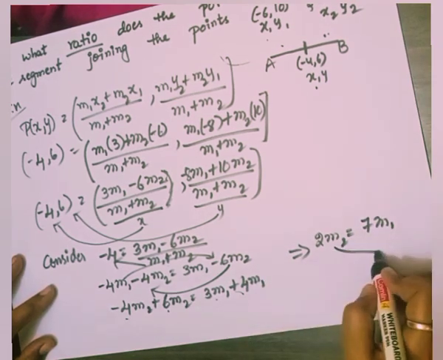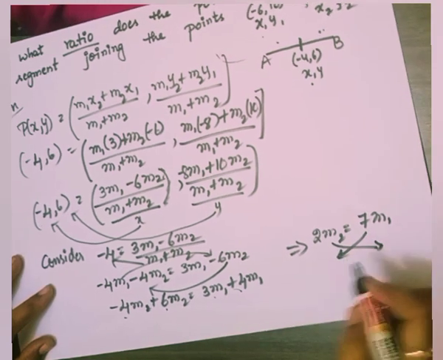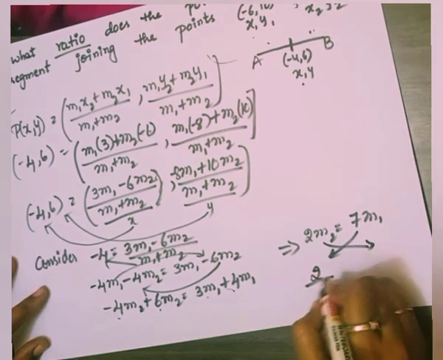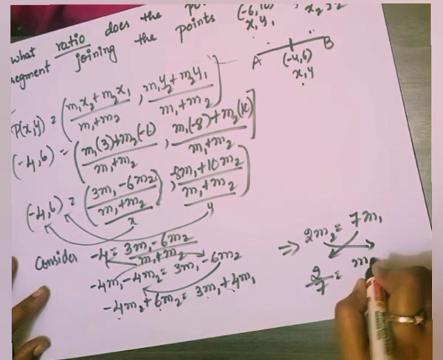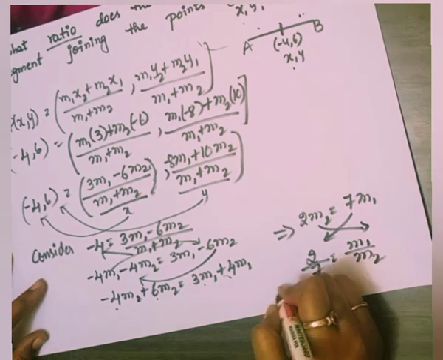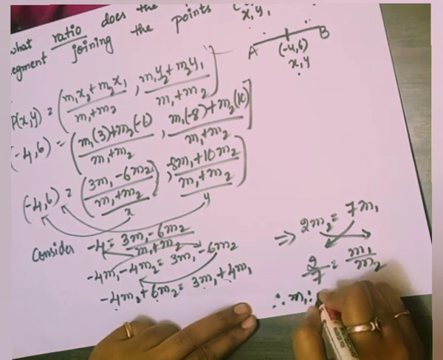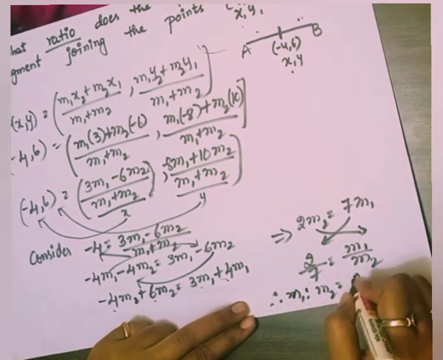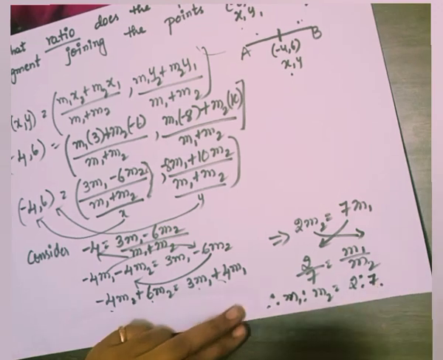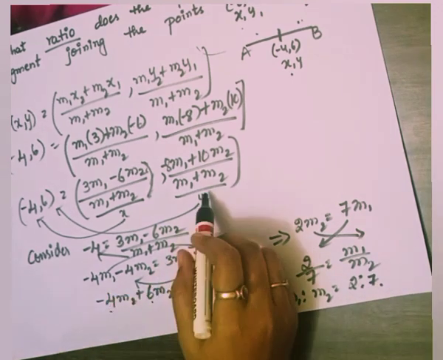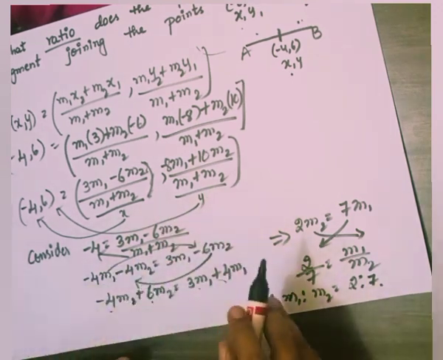Now I'll take this one m2 this side, I'll send 7 this side, I'll get 2 by 7 is equals to m1 by m2. So therefore what is the ratio we got? m1 is to m2 is 2 is to 7. You can equate with the y also, then also you'll get the same answer.